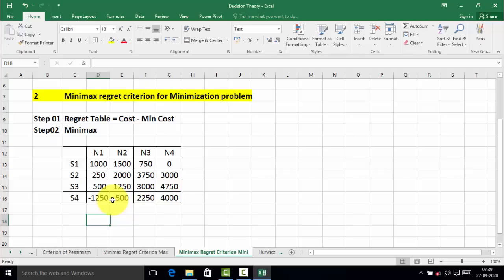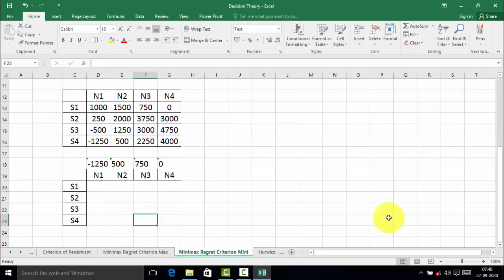In N1, the first column, the minimum cost is minus 1250. In the second column the minimum cost is 500. In the third column the minimum cost is 750, and in the fourth column the minimum cost is 0. After this we create the regret table, which is cost minus minimum cost. In the first column the minimum cost is minus 1250, so we subtract this from the remaining elements. 1000 minus minus 1250 is 2250. 250 minus minus 1250 is 1500.